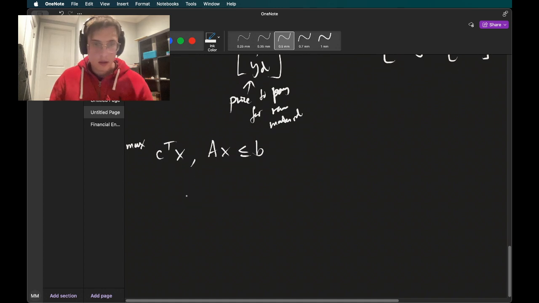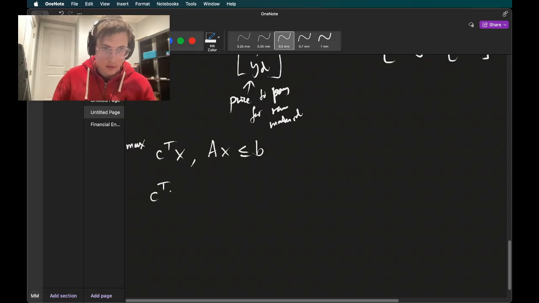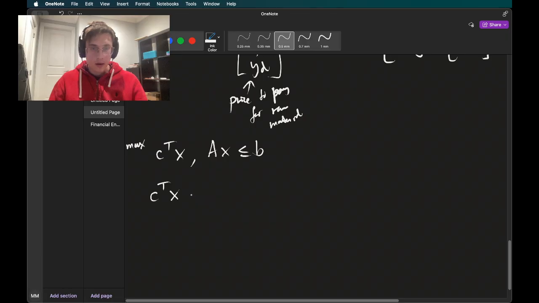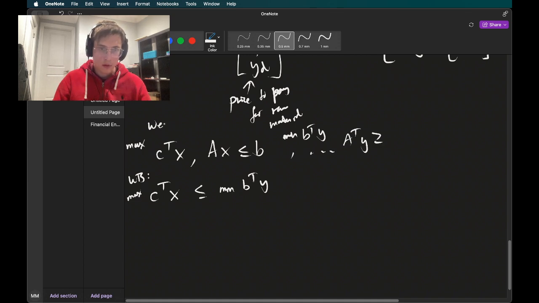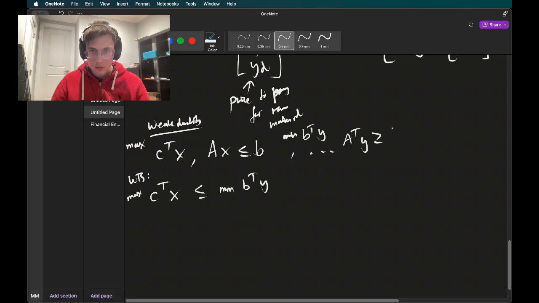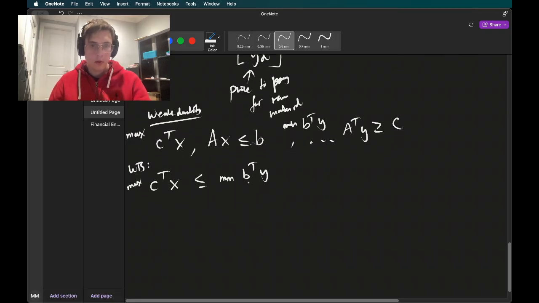Again, what we want to show is that the maximum of this is less than or equal to the minimum of b transpose y, where A transpose y is greater than or equal to c. So we're trying to prove at least weak duality.